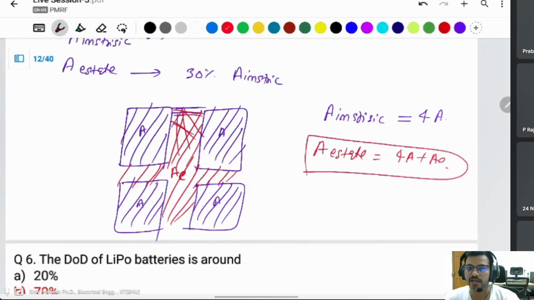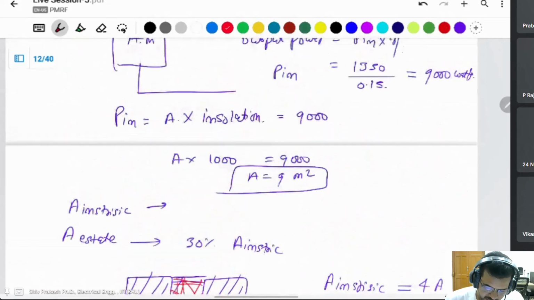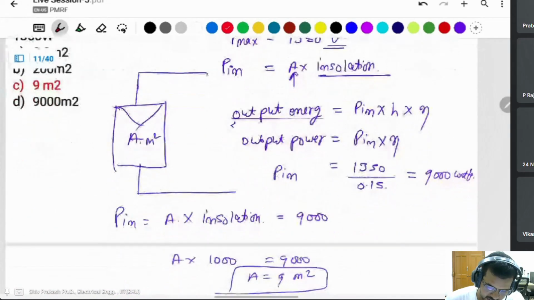This is the final area you need if you want to place a PV panel on a rooftop or in a place. But here it is asking about the intrinsic area only. That's why it will be 9 meter square.